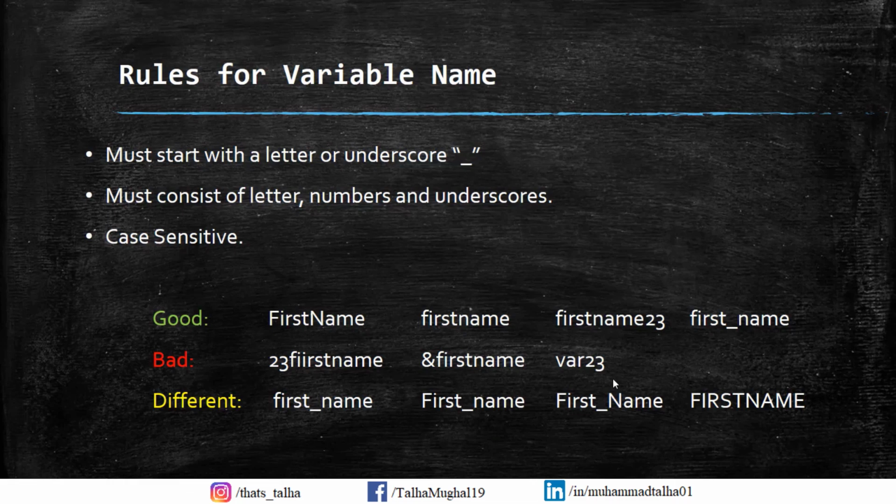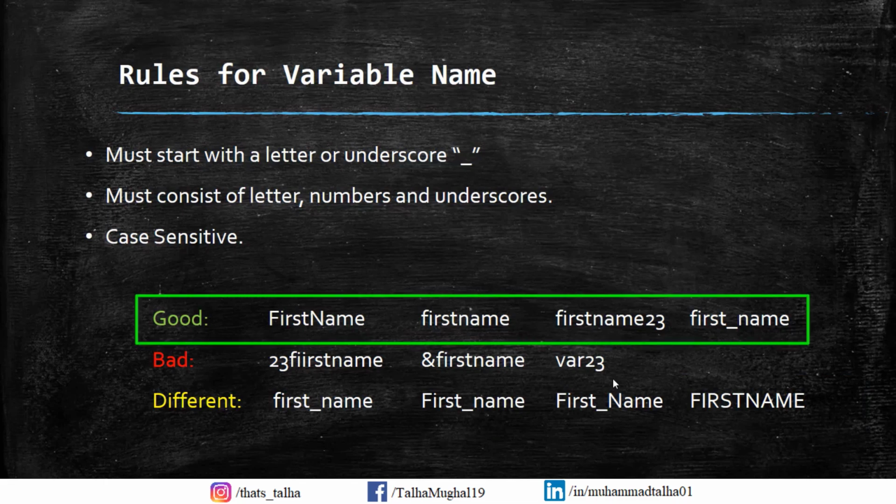It should not have any special character at any point. Variable names are always case sensitive, which means that if you write a variable name in capital letters and you write the same variable name in small letters, both of these variable names will be different, and hence the corresponding variables will be different from each other.